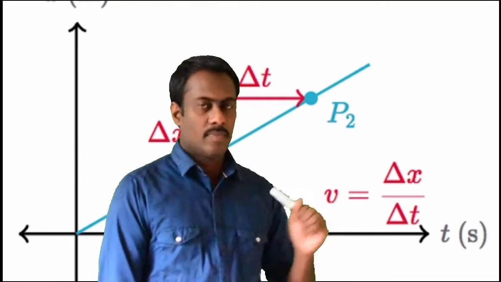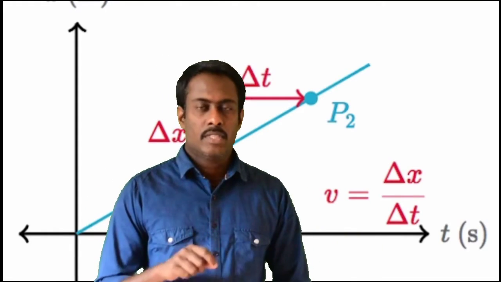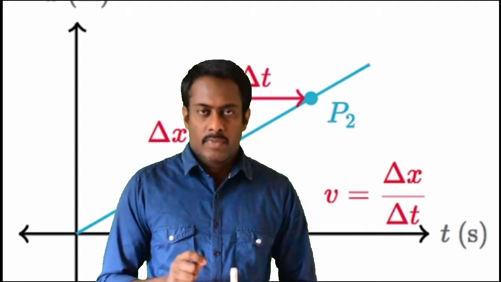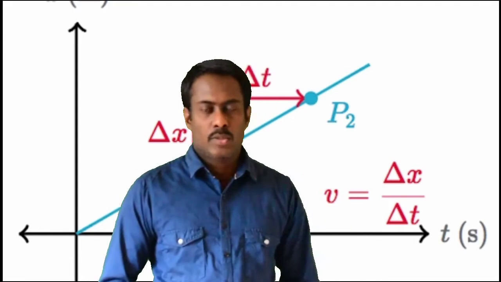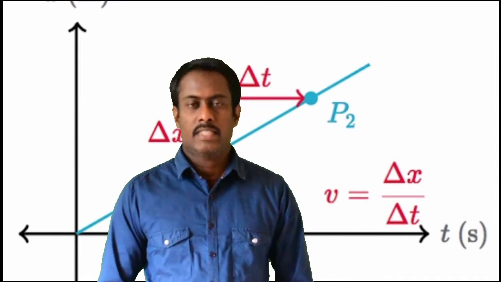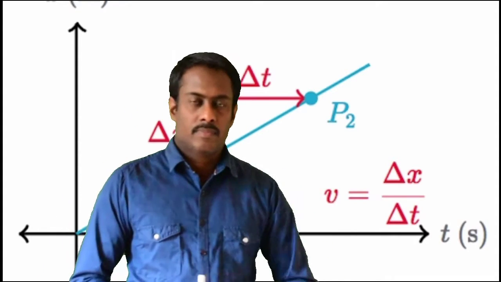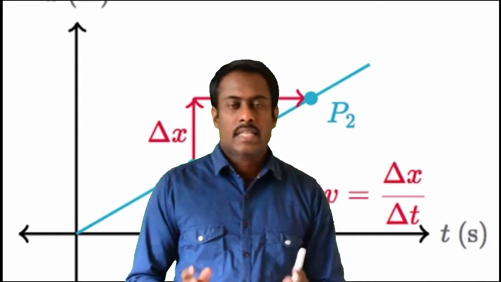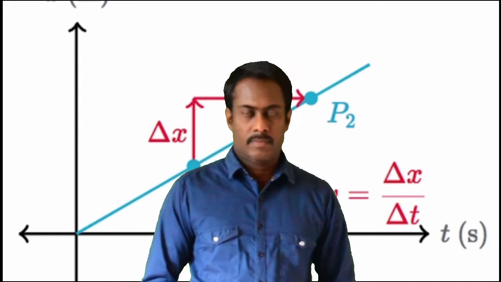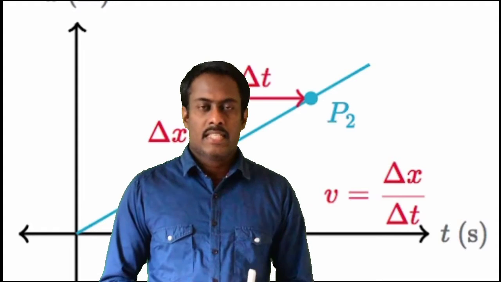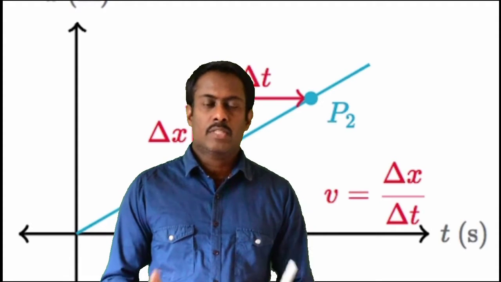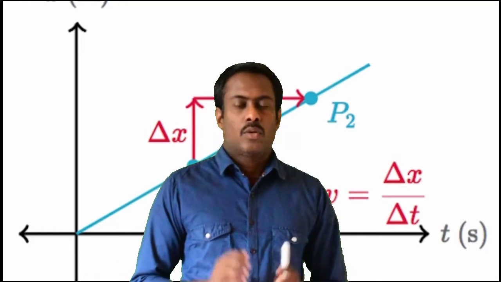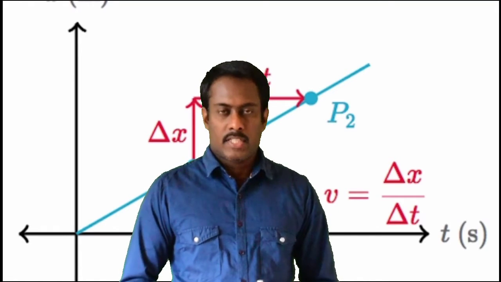V instantaneous is equal to the limit as delta t tends to 0 of delta x divided by delta t, that is equal to dx divided by dt. In terms of differential calculus, dx divided by dt is termed the differential coefficient. So we may say the instantaneous velocity is equal to the rate of change of displacement of the body at that very instant.